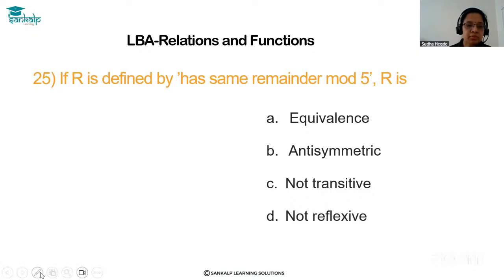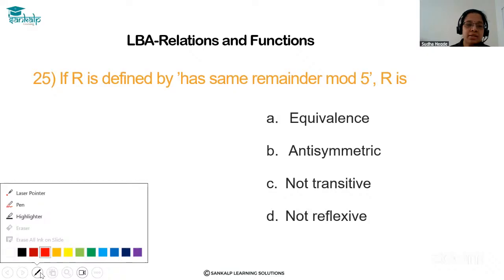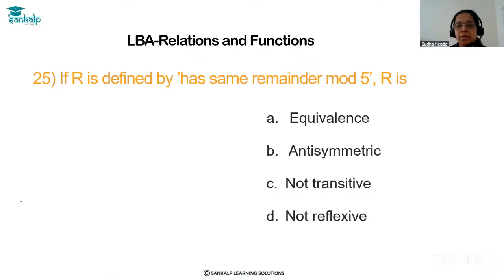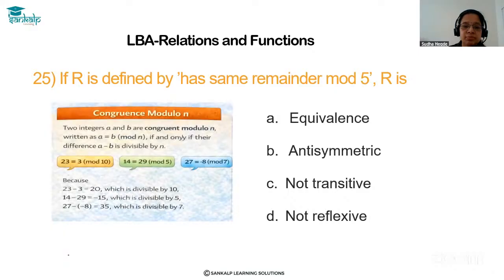Take the question. If R is defined by "has same remainder mod 5", then you need to check whether R is equivalence, antisymmetric, transitive or reflexive.